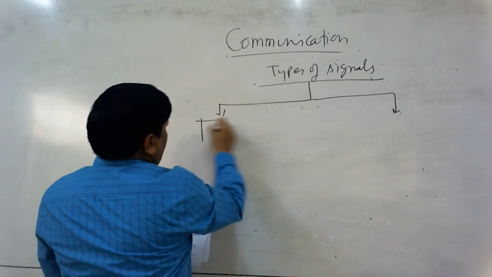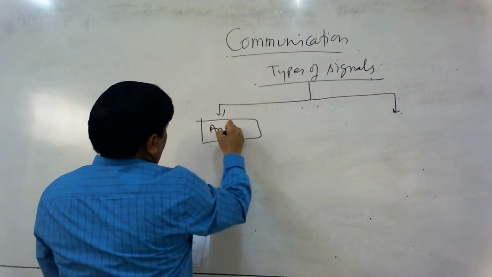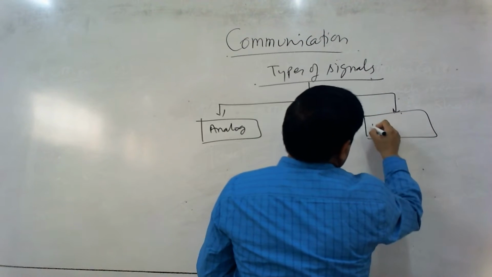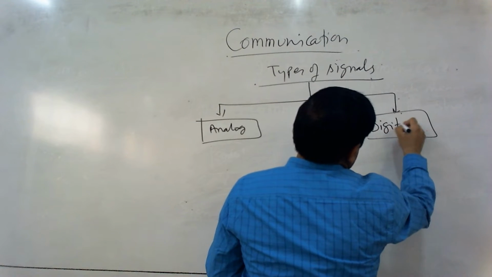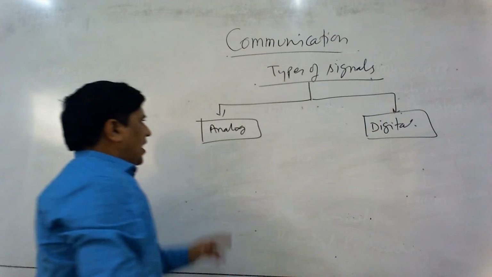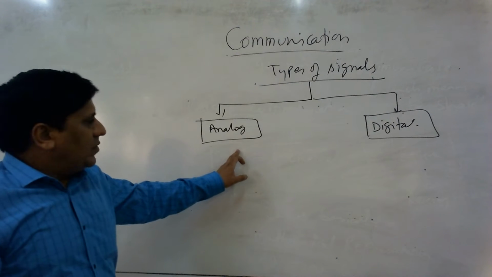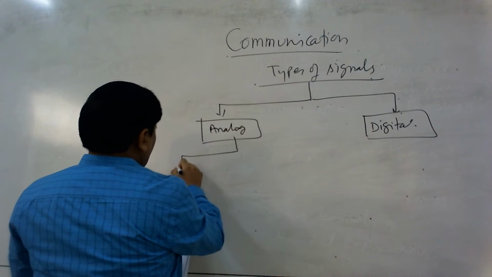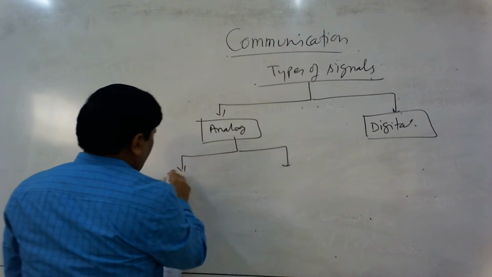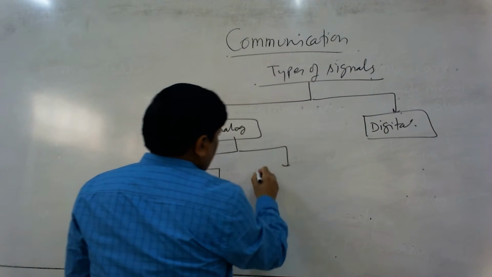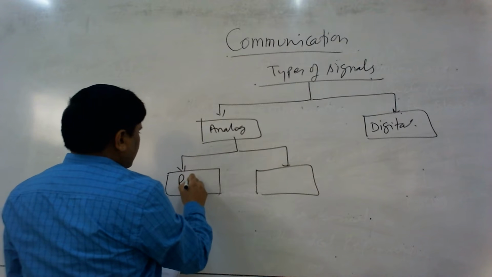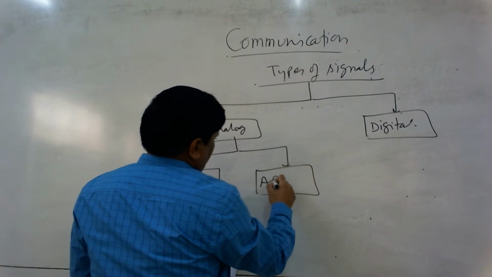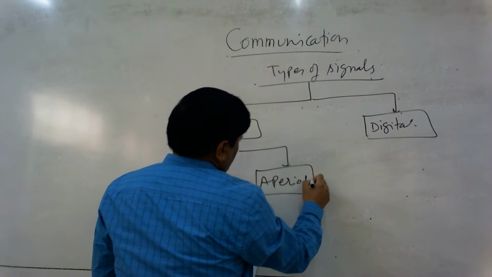First is analog signal. Second is digital signal. Also, analog signal is divided into two parts, that is periodic signal and aperiodic signal.